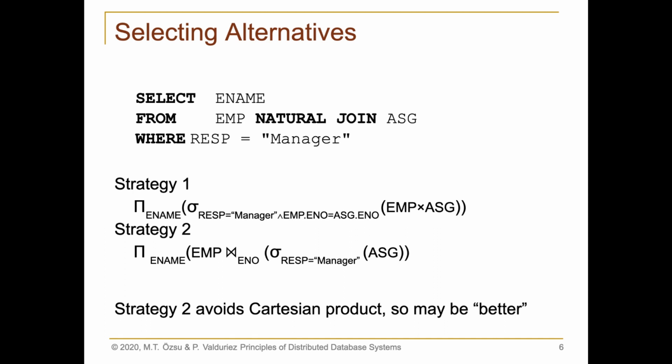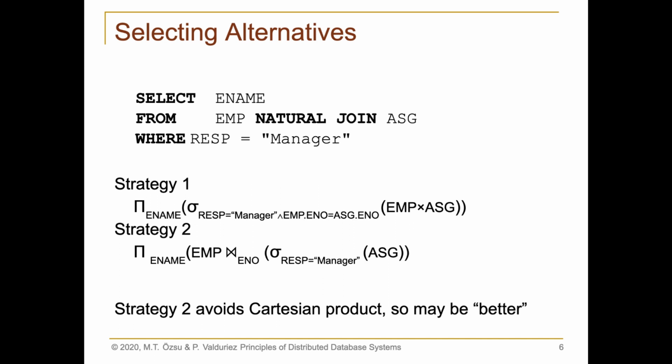In order to understand the benefits of query processing and the need for optimizing queries in both centralized and distributed database management system environments, let's take this one example. Here we have a query that projects employee name from the natural join of relations employee and assignment by using the criterion responsibility equals manager.